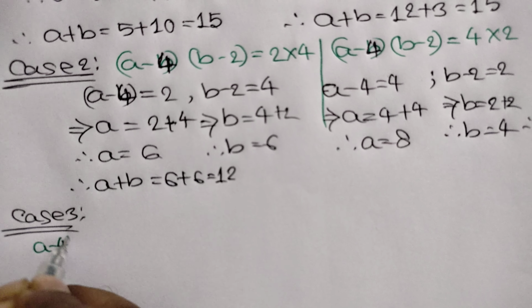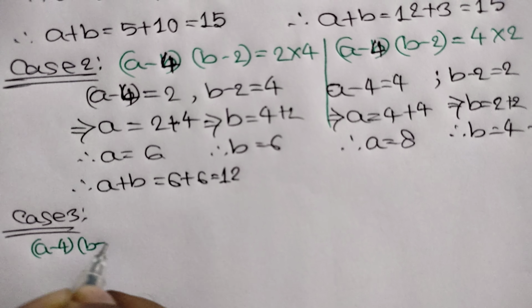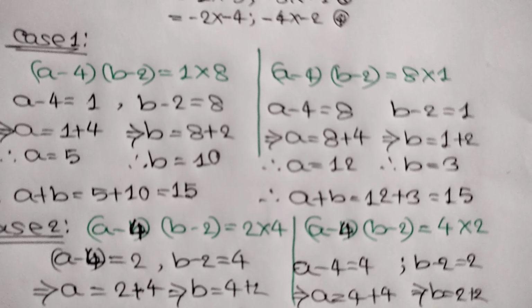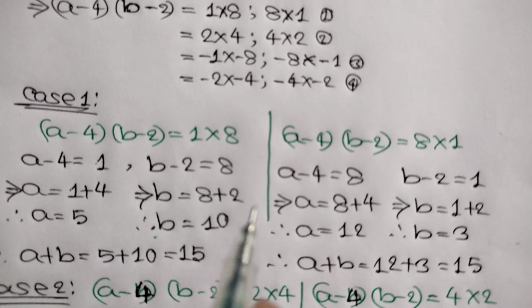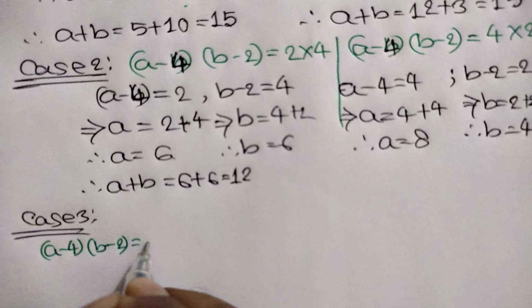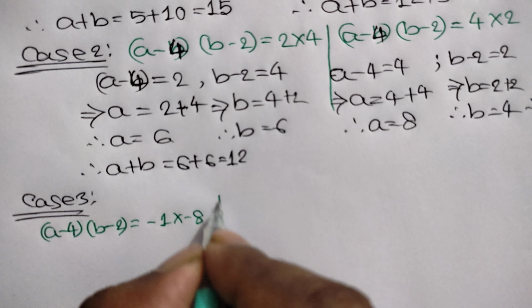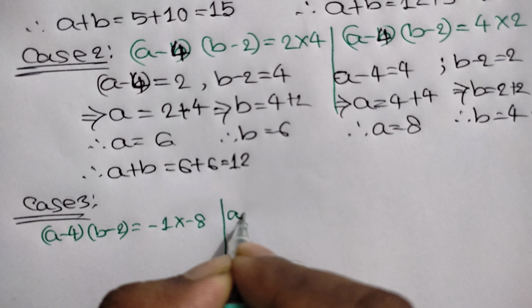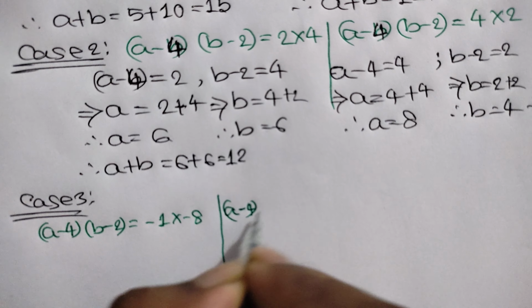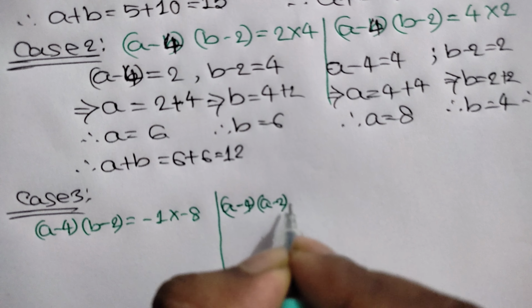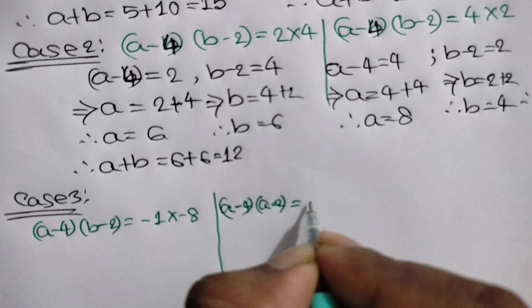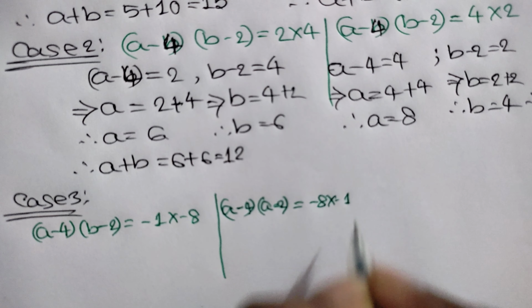3, we can write a minus 4 times b minus 2 is equal to negative 1 times negative 8, or a minus 4 times b minus 2 is equal to negative 8 times negative 1.